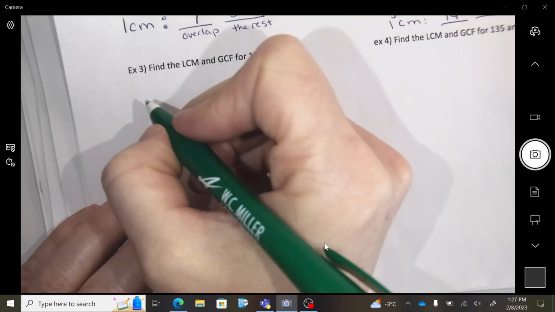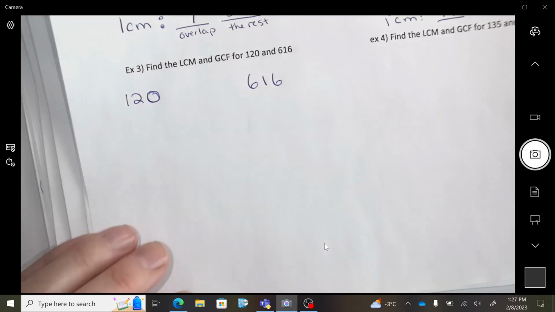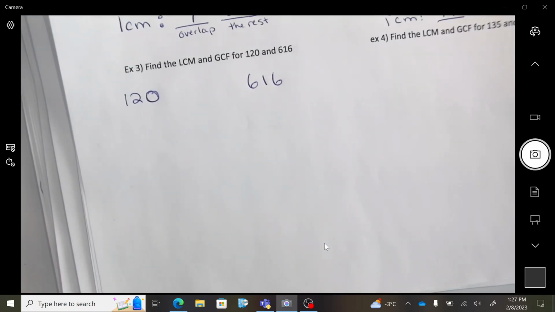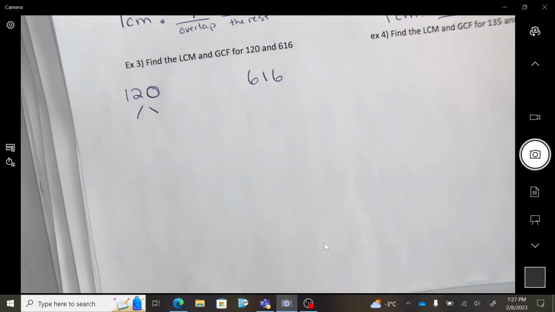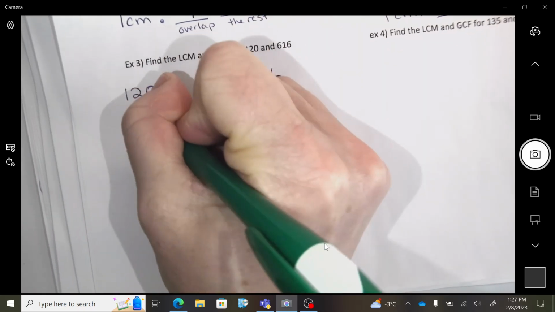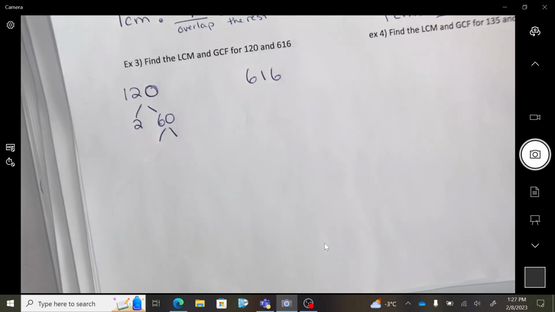Okay, number 3. Okay, always start with 2 and work your way up. So is it divisible by 2? 2 times 60. Now I look at the 60.